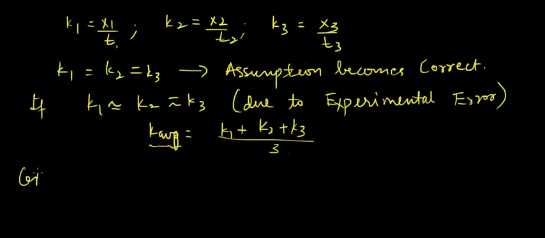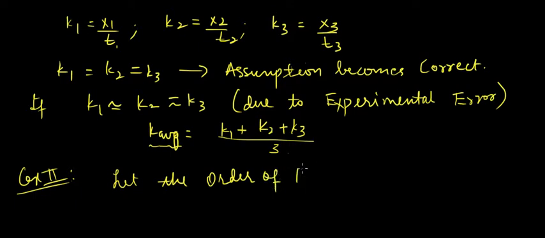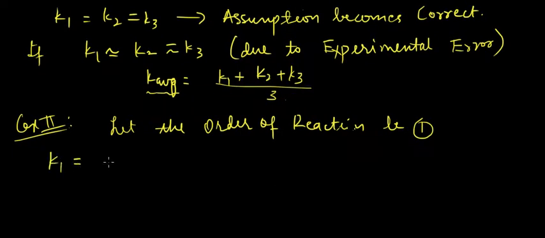Now let's say we have case 2, in which we let the order of reaction be 1. In this case, k1 can be calculated as 1 upon t1 ln a upon a minus x1.